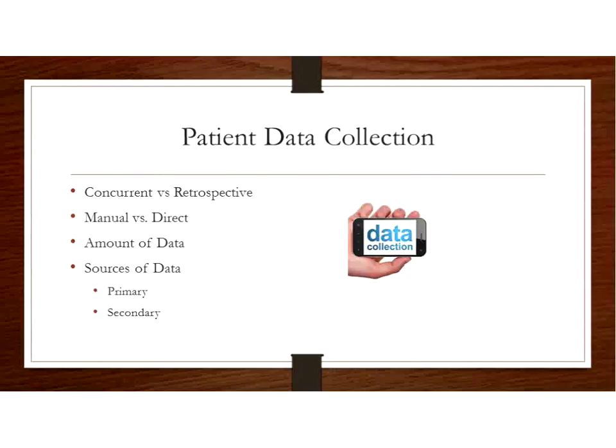If we are collecting information on a concurrent basis, that means we are collecting that information while that patient is still hospitalized. If we are collecting information on a retrospective basis, that means we're collecting after that patient has been discharged. They're no longer hospitalized, but we're collecting information after discharge. Retro meaning we're looking back, right?